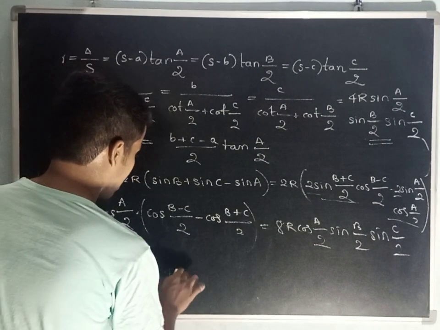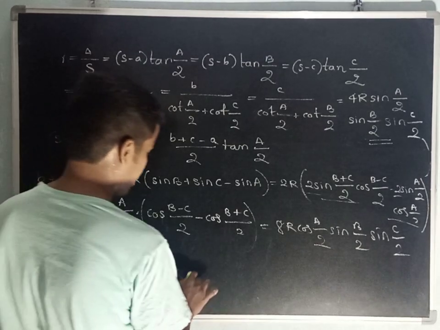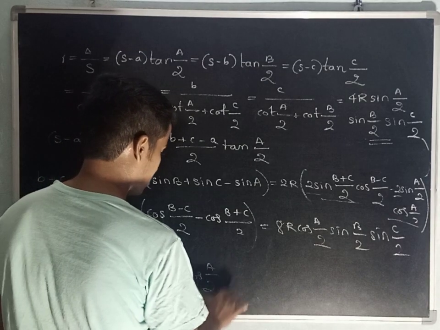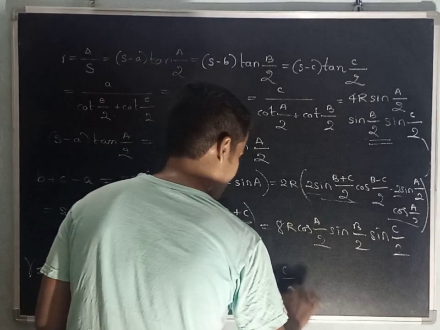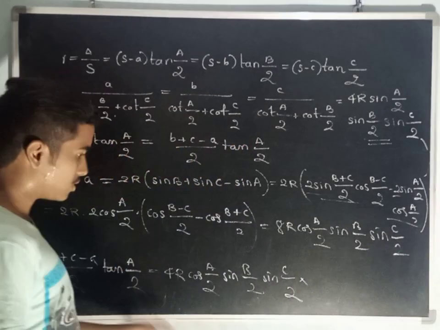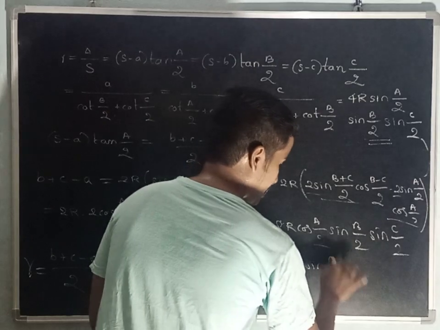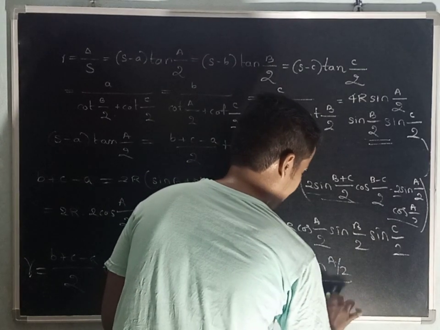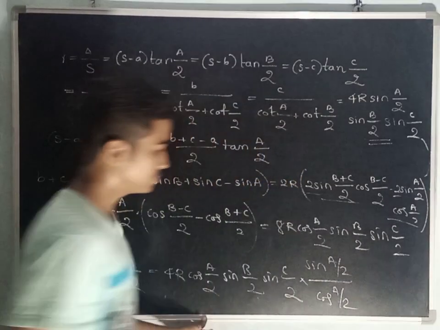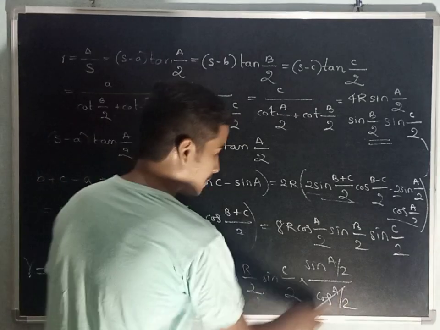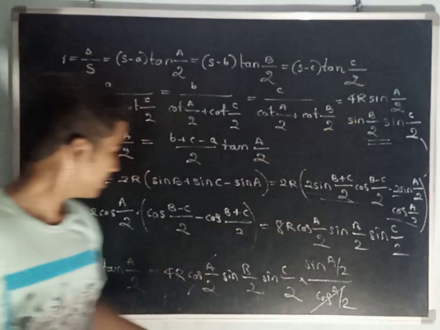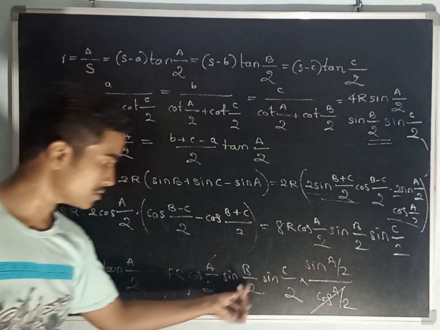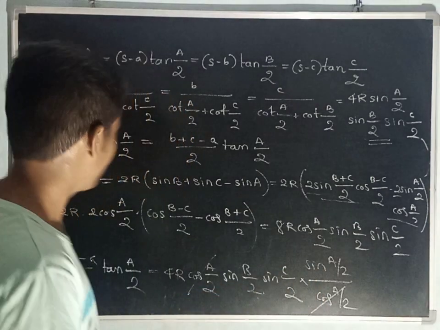It's nothing but 4R into cos A by 2 sin B by 2 sin C by 2 into tan A by 2, which can be written as sin A by 2 by cos A by 2. Okay, here cos A by 2 gets cancelled. Finally, we got the same result, 4R sin A by 2, sin B by 2, sin C by 2.